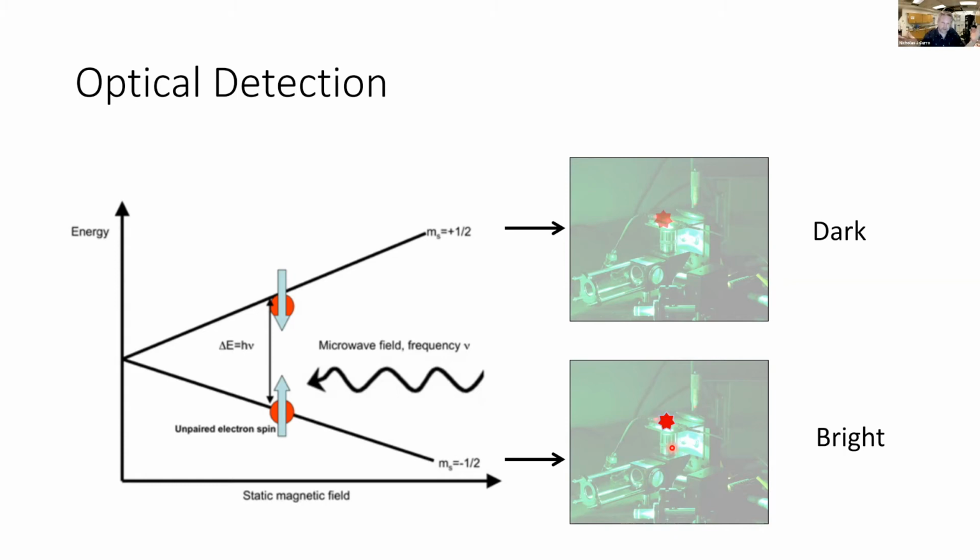They go from the excited state to the ground state, and they give off light. The light is a reddish pink color at 637 nanometers. But depending on whether its spin is up or down, it will be either bright or dark. So that's really the core idea of how we can measure and manipulate these NV centers. Let me just pause and ask if anyone has any questions.